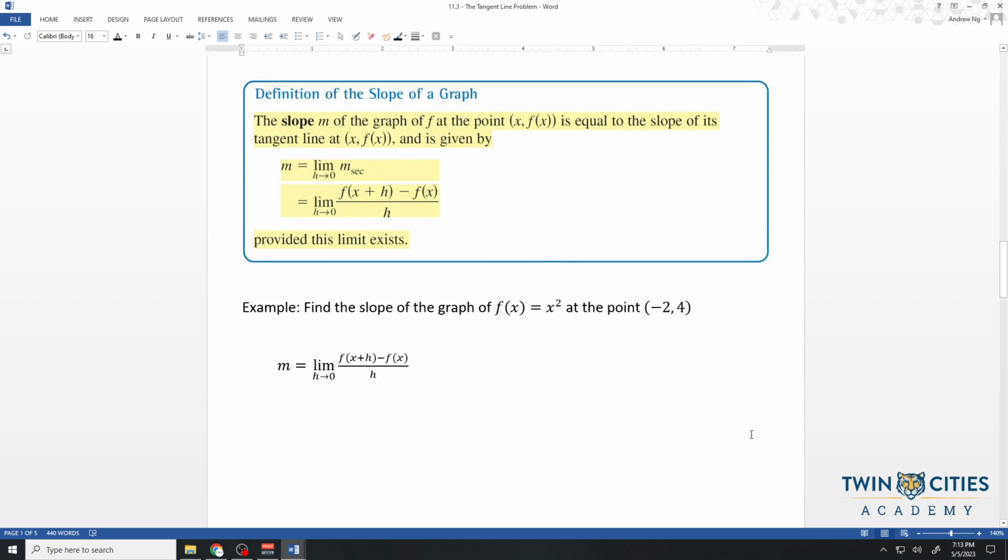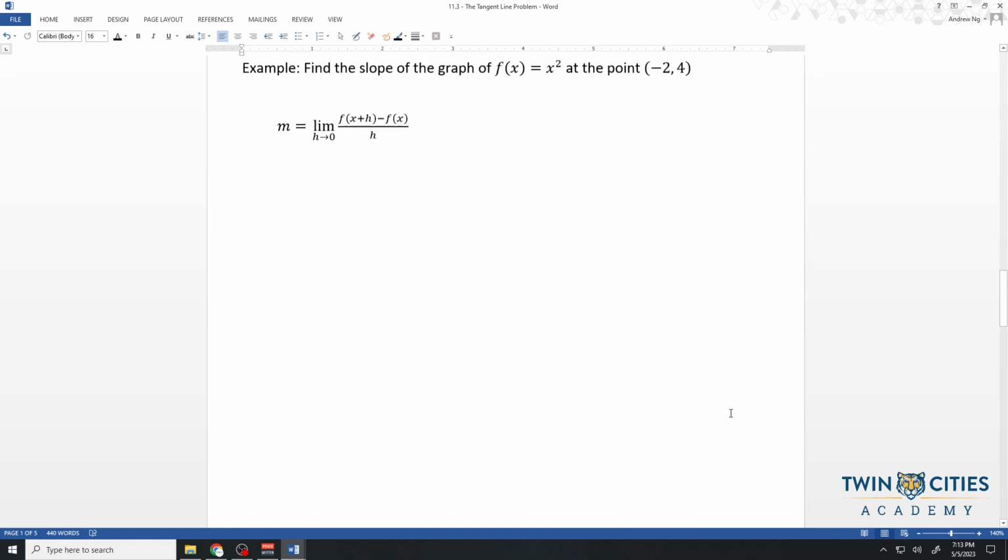Let's try this out. Let's find the slope of the graph of f of x equals x squared at the point -2, 4. Now remember, this -2, 4 is my x and f of x. So I'm going to use this. m equals the limit as h approaches 0 of f of x plus h minus f of x over h.